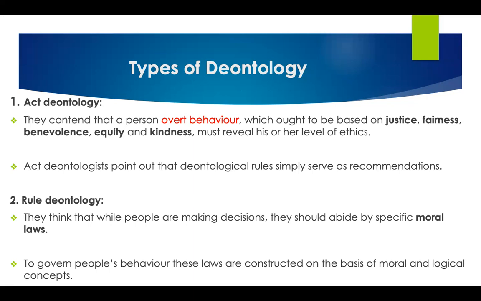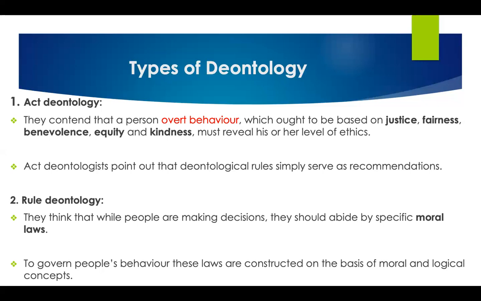So with act deontology, it's about your behavior, but the behavior here is qualified. It should have the traits of justice, fairness, and all the positive values that we've discussed earlier.